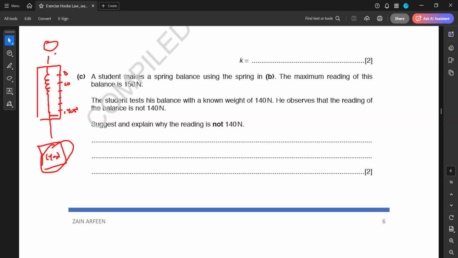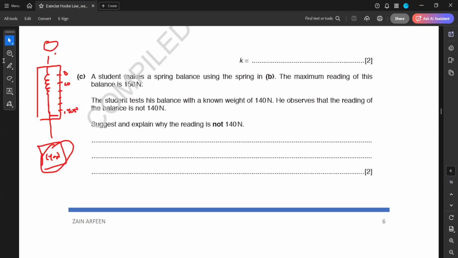And if the force and extension are not directly proportional, it means we have crossed the elastic limit or the limit of proportionality. So we have to suggest and explain why the reading is wrong, because if it is obeying Hooke's law, force and extension are directly proportional. But if it is not obeying Hooke's law, then the force and extension are not directly proportional. So for that force, the extension will not be the same as we expect.